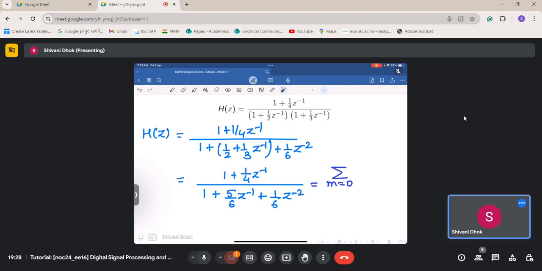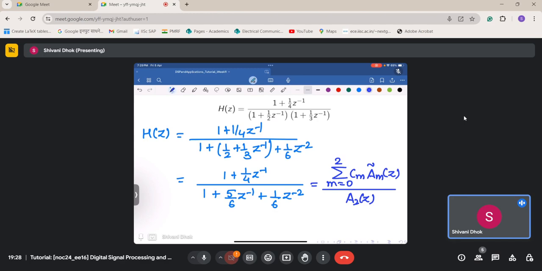Okay. So this H of z is equal to 1 plus 1 by 4 z inverse upon 1 plus 5 by 6 z inverse plus 1 by 6 z to the power minus 2. So this is equal to summation m equal to 0 to n, where n is the degree of the denominator, which is equal to 2, of cm into am tilde z divided by an of z.